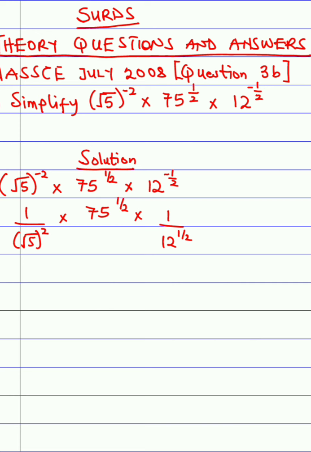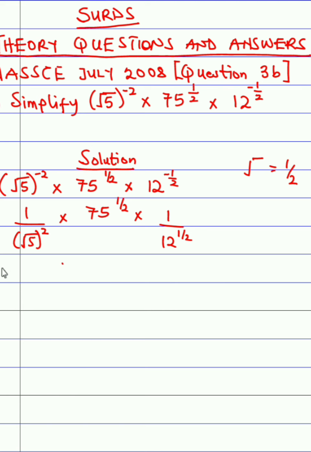Now you have to also understand that in mathematics, a square root is equivalent to half. So wherever we see a half, we can equally represent it with a square root. So we can take away this half and put a square root on 75.